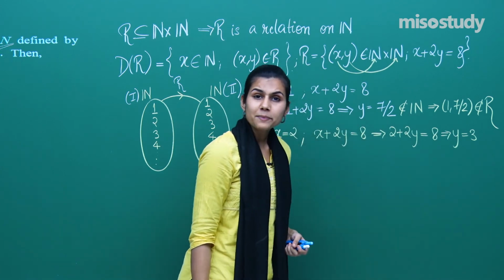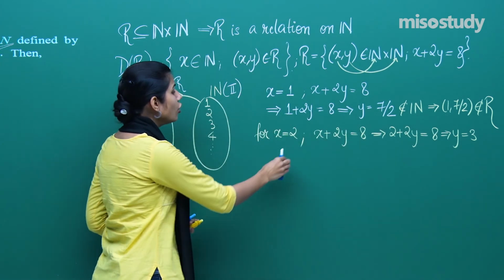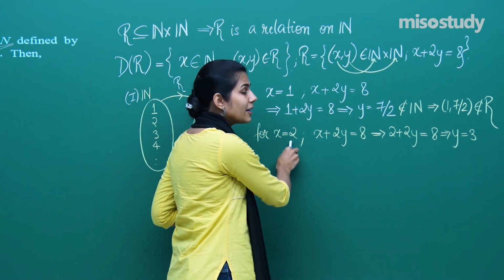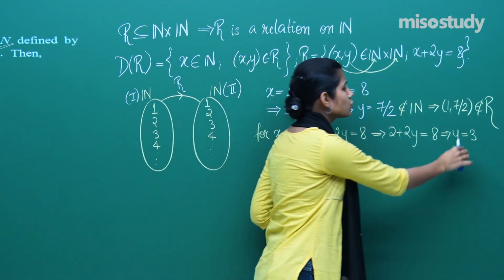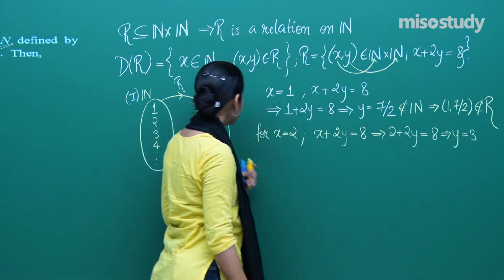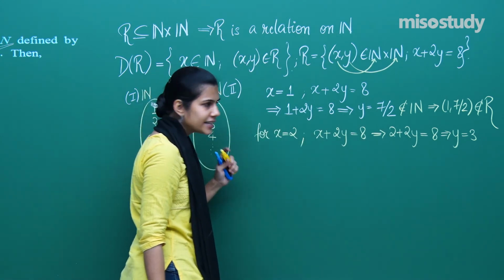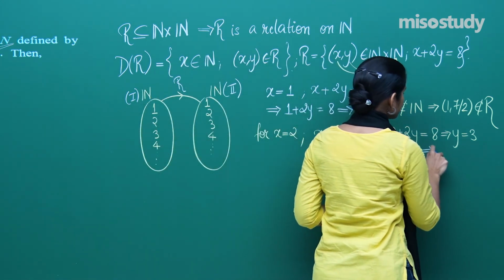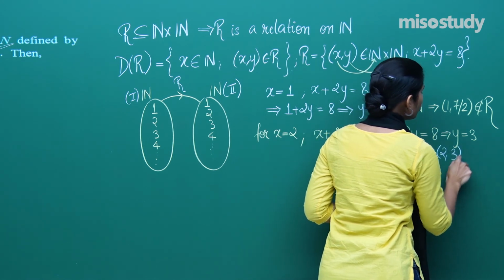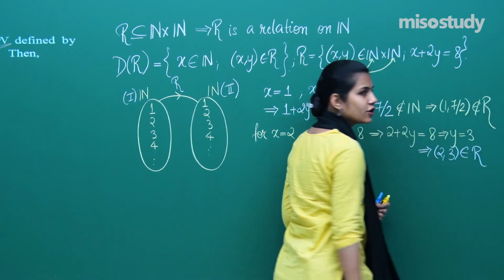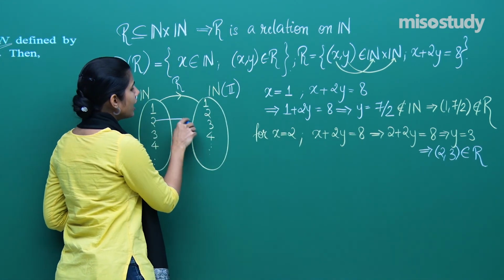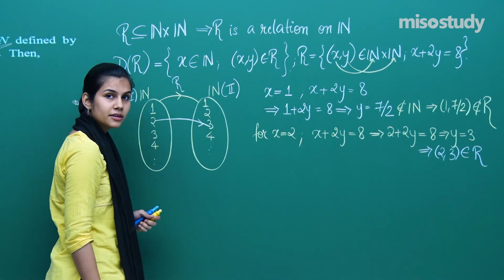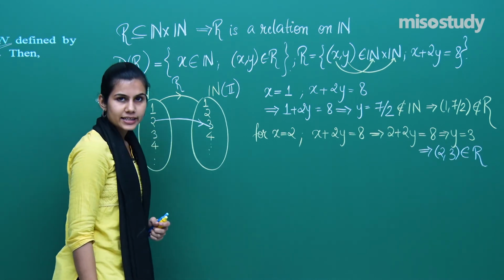And 3 is very much a natural number, so for x equals 2, the y which satisfies x + 2y = 8 is y = 3, which is sitting in the set of naturals in the second set, which implies (2, 3) is an ordered pair sitting in the set R, because corresponding to 2, I have found 3 to which 2 is related.